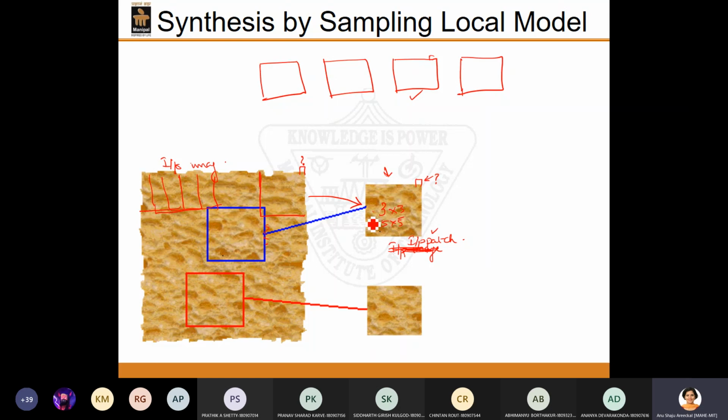Okay, but you do not want it to look exactly the same as that of the input image. You want it to have some variabilities, right? But at the same time, you also want to ensure that the basic texture which is present in the image is also retained.